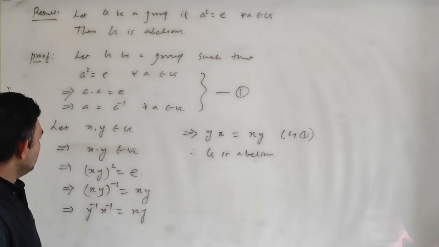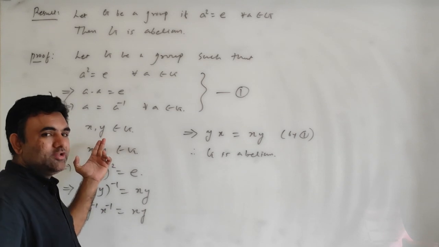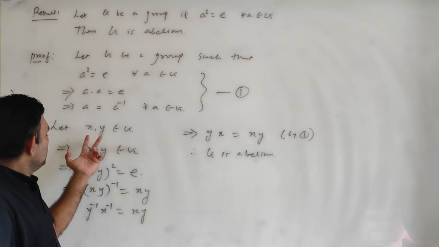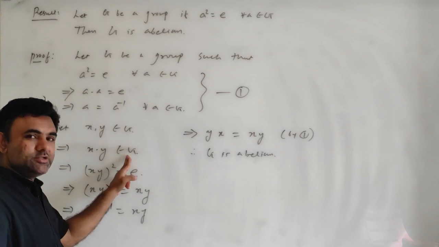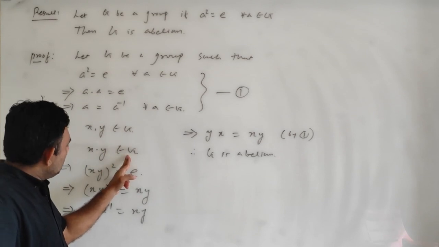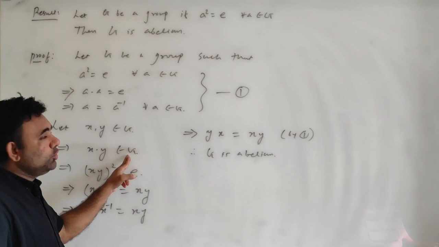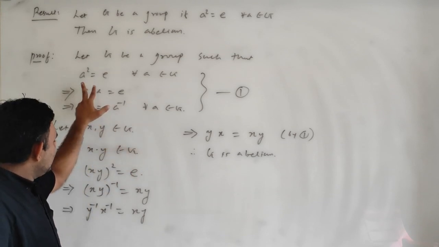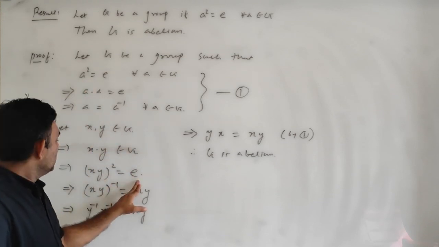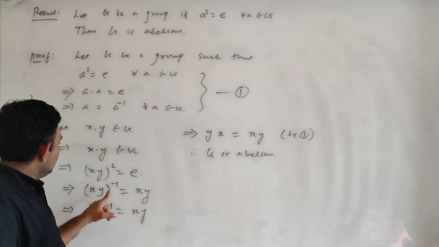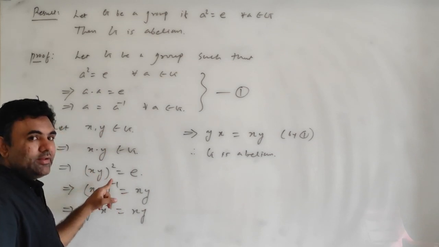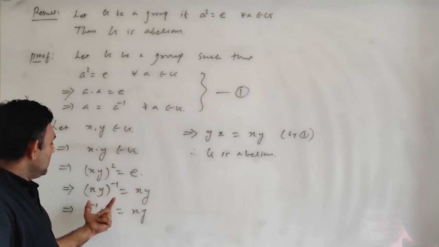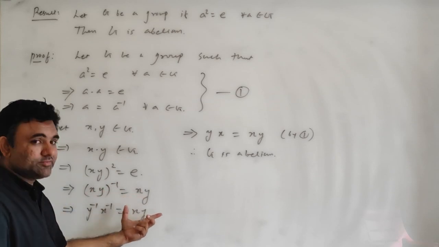Yes, so this is a nice argument. Let me recall this argument once again. You start with any two elements from G, then their product is also in G. But for any element of the group, I have this information that its square is identity. That means the element, that is xy, is self-invertible, so (xy) inverse is xy.